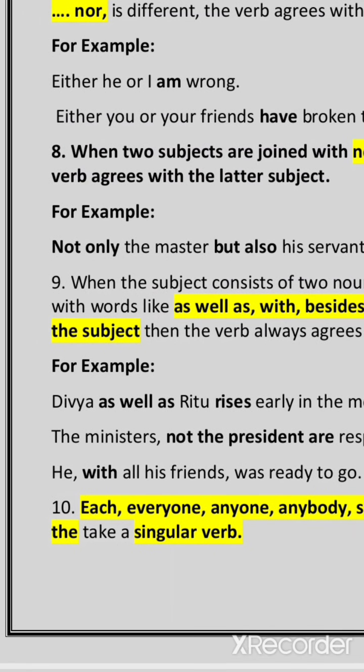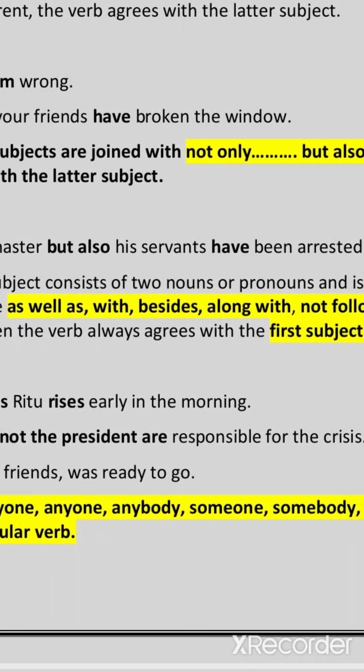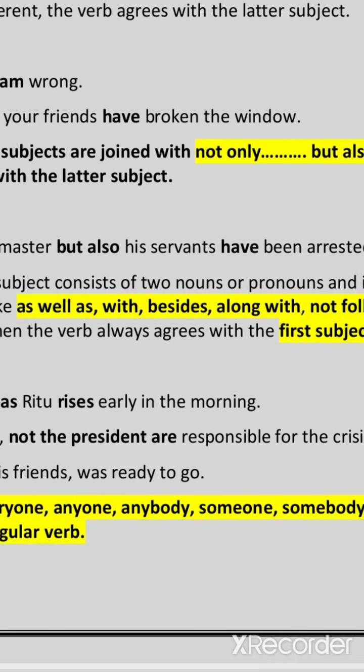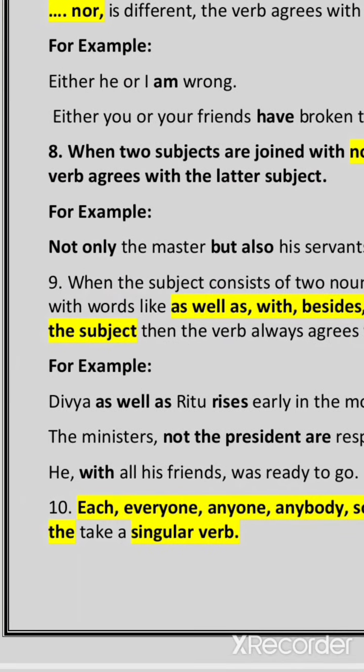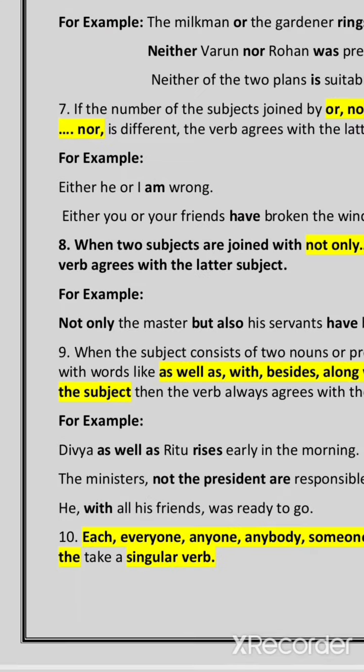Now the last rule on this page is: each, everyone, anyone, anybody, somebody, someone, one of the, take a singular verb. When these words are there in the sentence, the verb is singular.